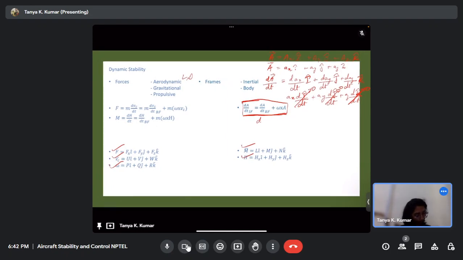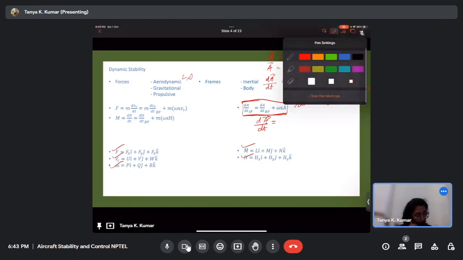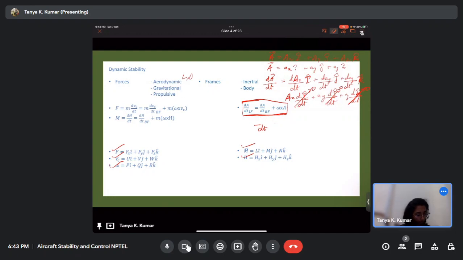Derivative of the same vector. All of this should have been capital. Let me just write that again. All of those should have been capital because we're taking the derivative in the inertial frame.